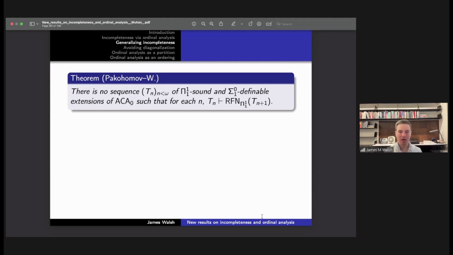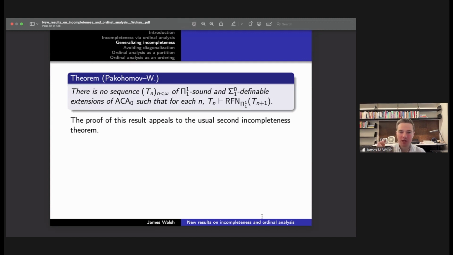So you can't find any descending sequences of Π¹₁ sound recursively axiomatized extensions of ACA0, such that each one proves the Π¹₁ soundness of the next. So Π¹₁ reflection gives you this kind of well-founded ranking of axiomatic theories.